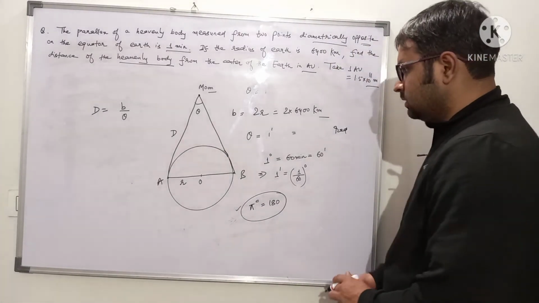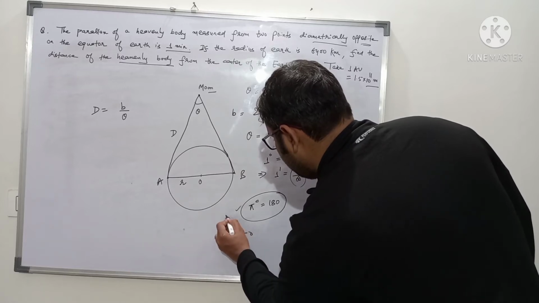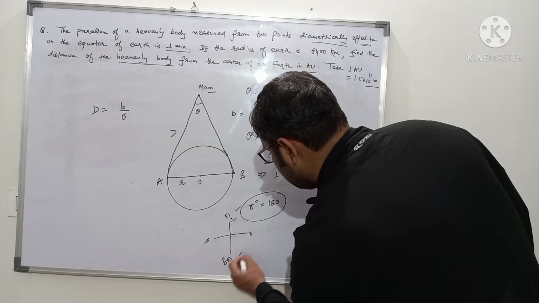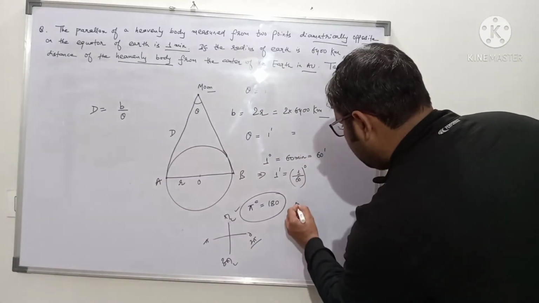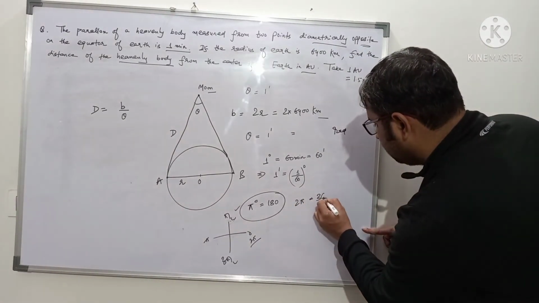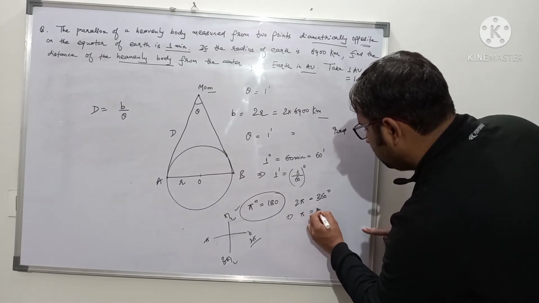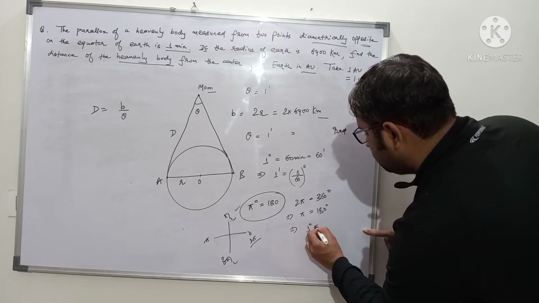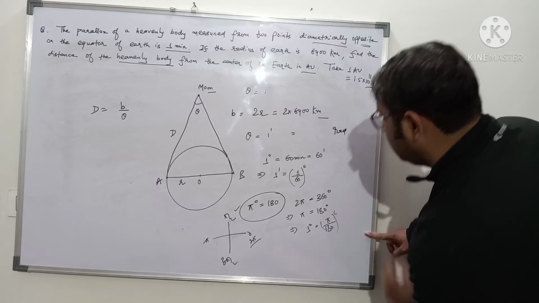Since we know that from the quadrant 0, pi by 2, pi, 3 pi by 2 and 2 pi, this 2 pi equals 360 degree, which implies pi equals 180 degree, which implies 1 degree equals pi by 180 radian.